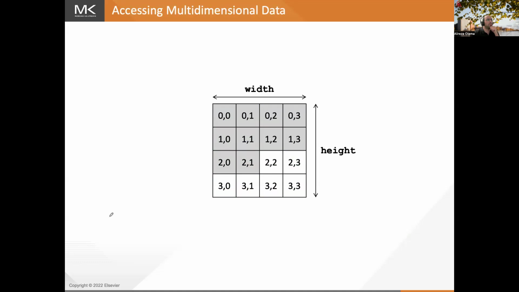So then if you want to know the index of your element in this two-dimensional array, like when you use this one-dimensional one, you just need to use this formula. If you want this row and this column, you just need to multiply the row by the width of the image, or the number of columns, and then sum it with the offset, which is the column index that you want, right?